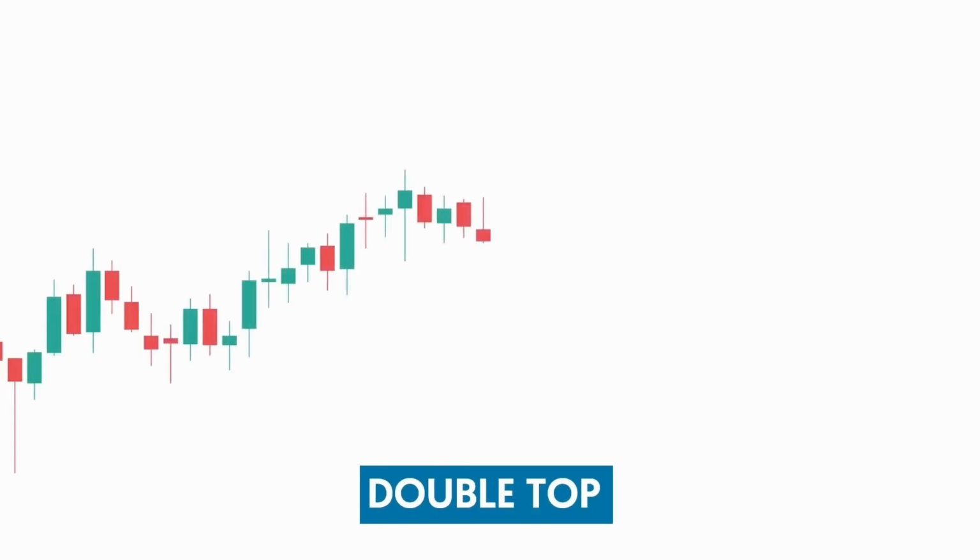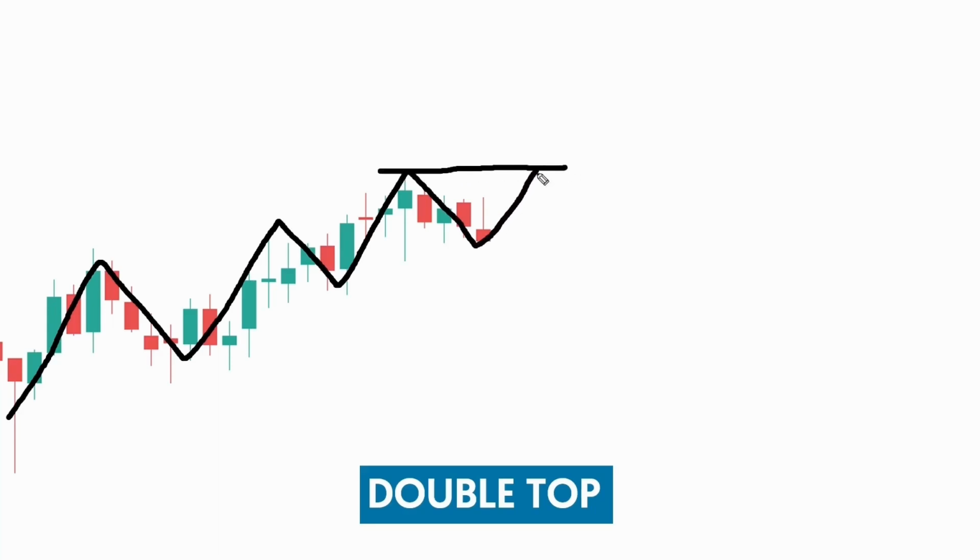Double tops and double bottoms are pretty similar to the head and shoulders, but instead of having 3 points, we only need 2. So here we have our price on an uptrend. And what is going to happen here? If we see the price coming close to this top here and being rejected, this is what it's called a double top.